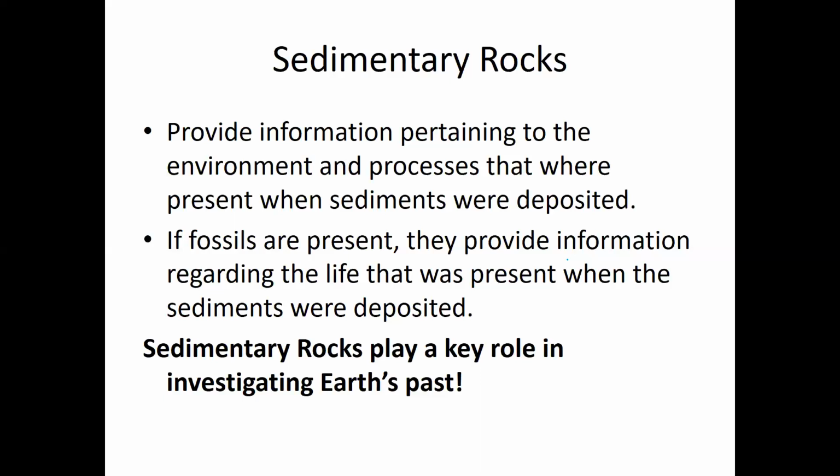And we're not going to know what type of life was present. So we focus a lot on sedimentary rocks in this course because of the wealth of information that they contain. And so in the sedimentary rocks lie the secrets of the Earth, and therefore the story of our planet and the story of us.